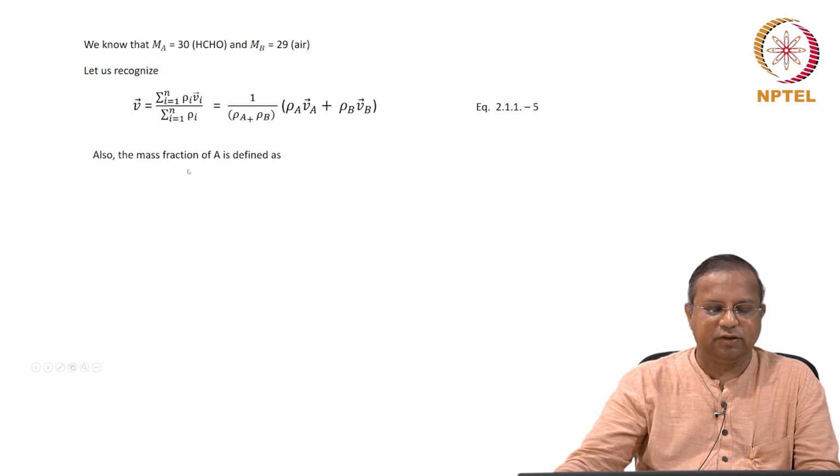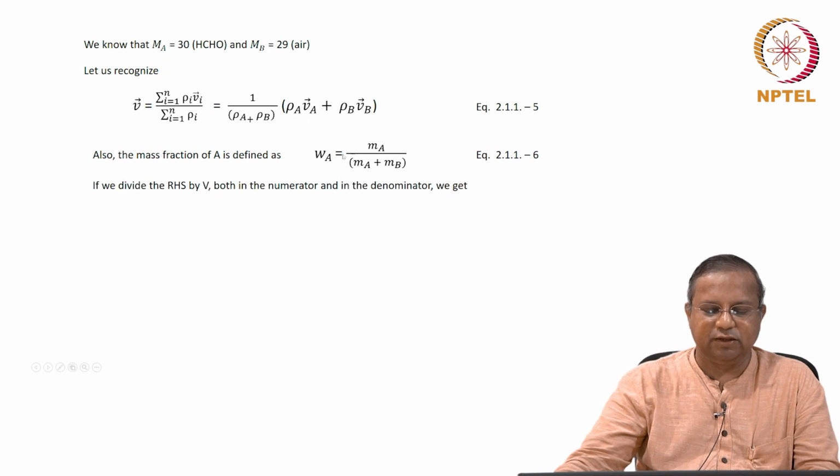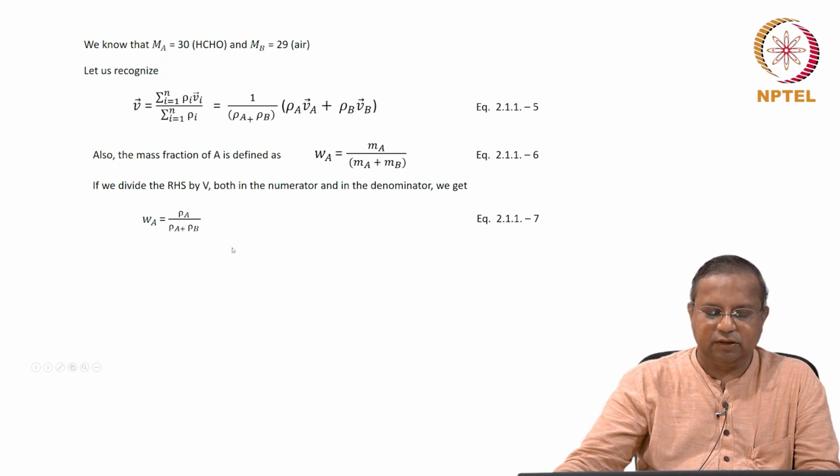2.1.1-5. The mass fraction is defined as mass of A divided by the total mass. If you divide the numerator and denominator by the volume, you get the mass fraction of A as mass of A divided by the volume, which is the density of A, and similarly, you have the density of A plus the density of B here, 2.1.1-7.